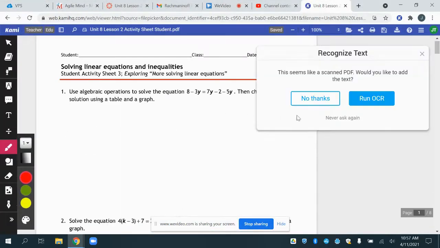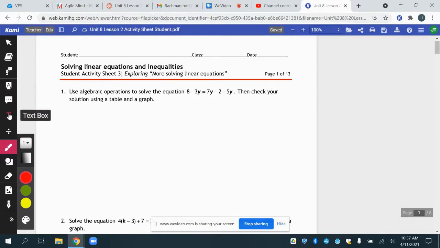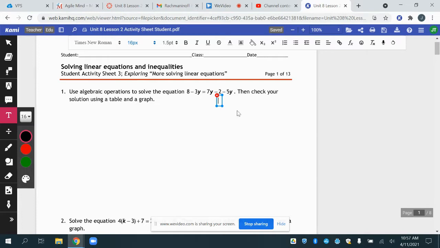Some of the things we've learned in the past are standard form, which is ax plus by equals c, and then there's slope-intercept form. I'm a bit rusty, because I haven't been teaching this for a while, and I keep saying the wrong names. Y equals mx plus b.